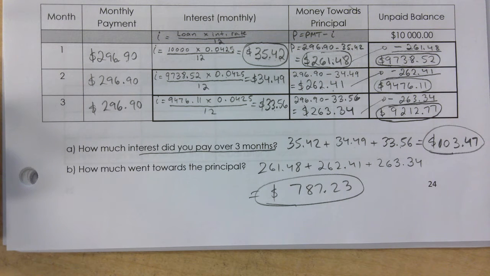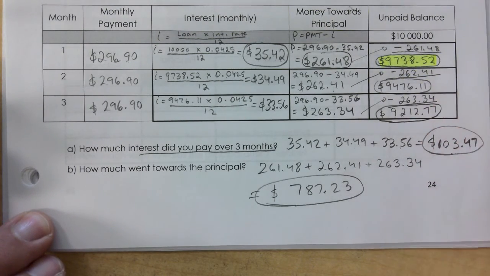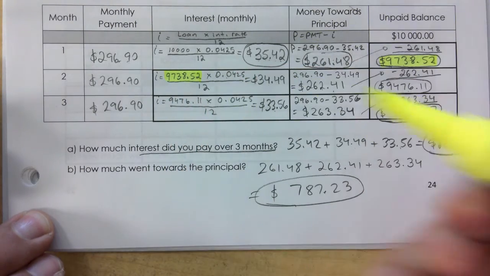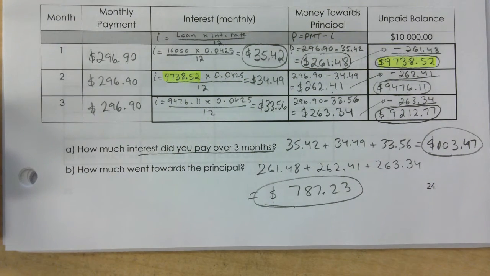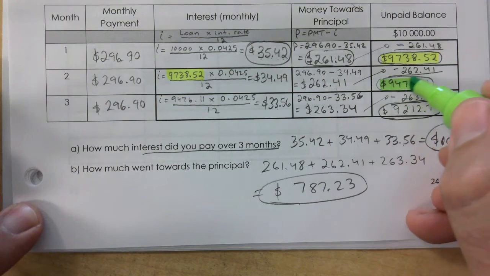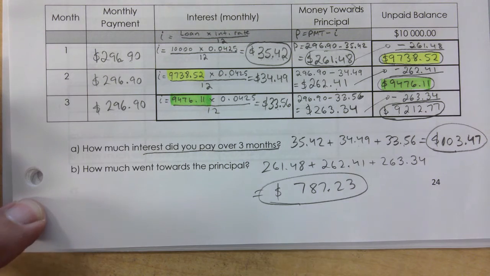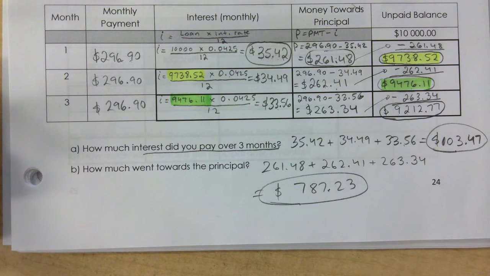Hold on. Because this will be gibberish next week, right? So I'm just going to grab my highlighter. I'm going to highlight this number and make sure it shows up there. Then I'm going to grab my other highlighter and I'm going to highlight this number and make it show up here. Right?